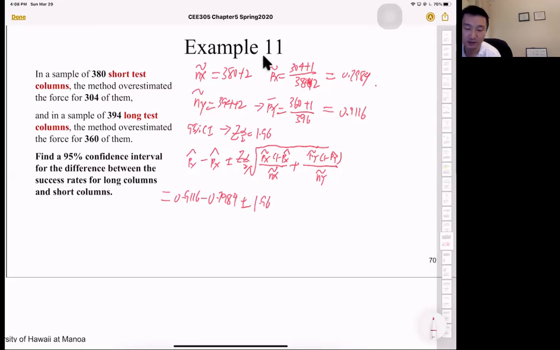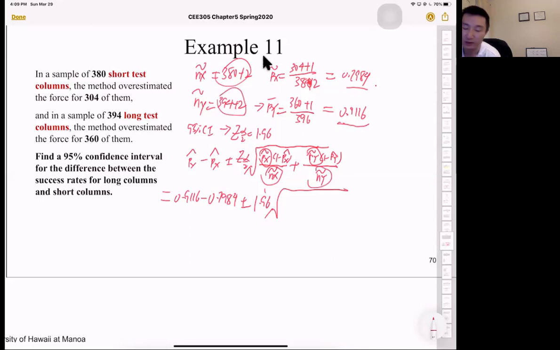And then we just plug in the values of modified px, which is 0.7984, modified nx, which is 382, modified py, which is 0.9116, and modified ny, which is 396.